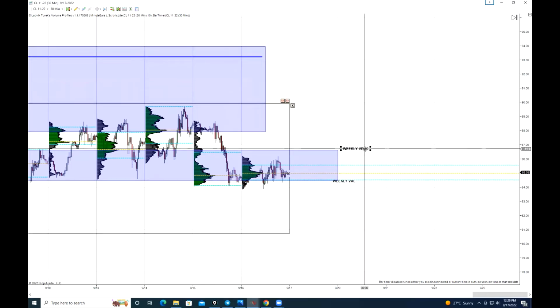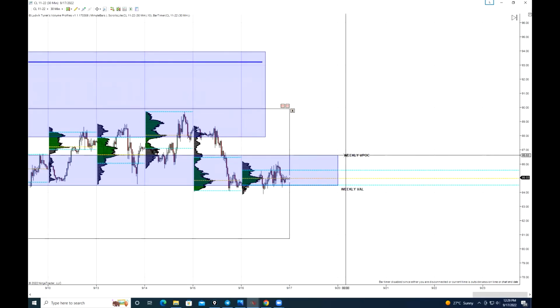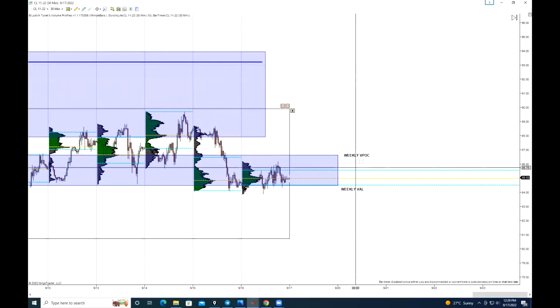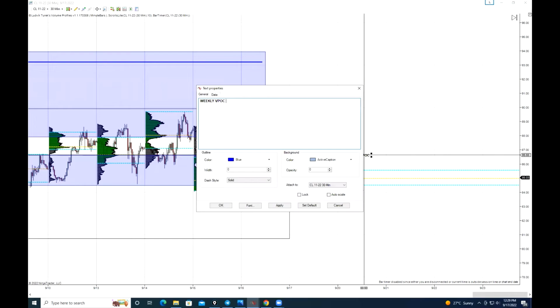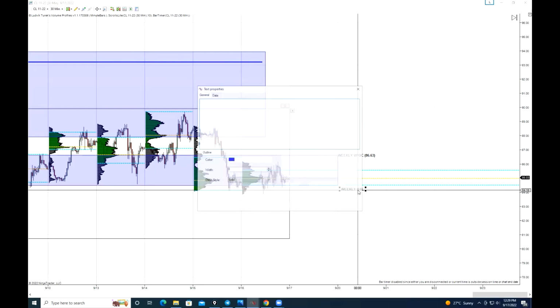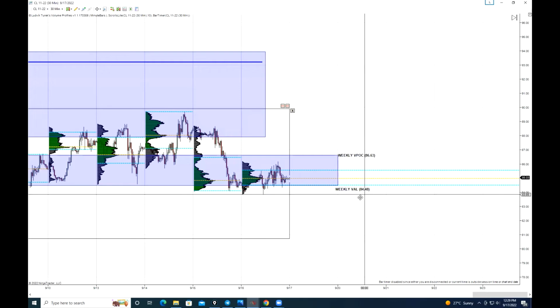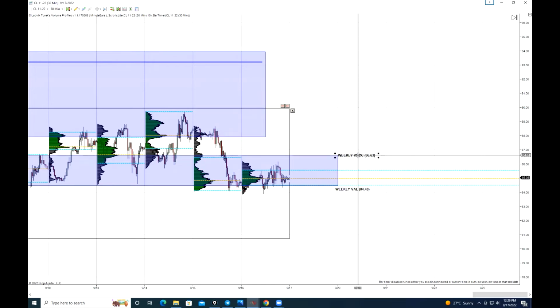So these are weekly levels. If we look at it in price terms, 86.63, and down here we have 84.48. So these are two contextual weekly levels from the composite.